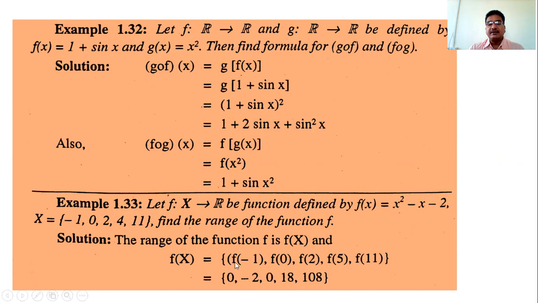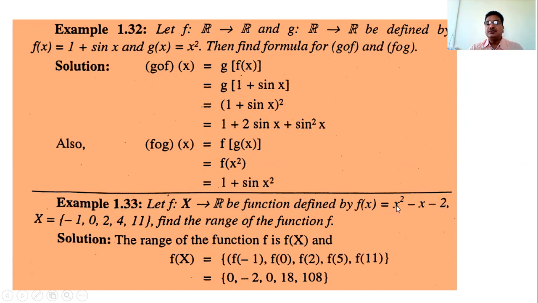In curly bracket, f of -1 is what? Substitute x as -1. -1 square is +1, minus (-1) is +1, so +1 +1 is 2, minus 2 becomes 0.